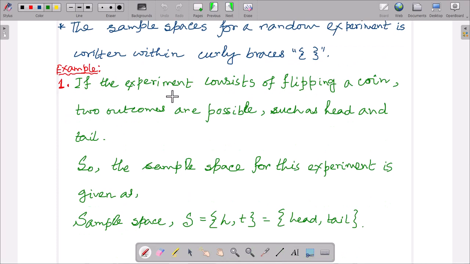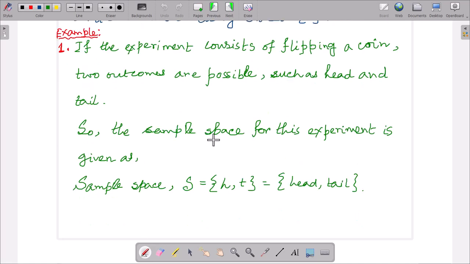As for example, if the experiment consists of flipping a coin, two outcomes are possible, such as head and tail. So the sample space for this experiment is given as head and tail.